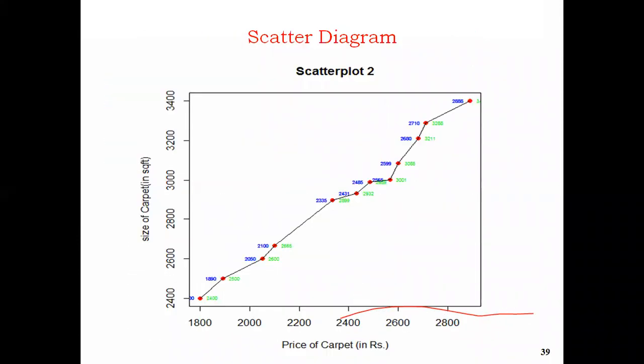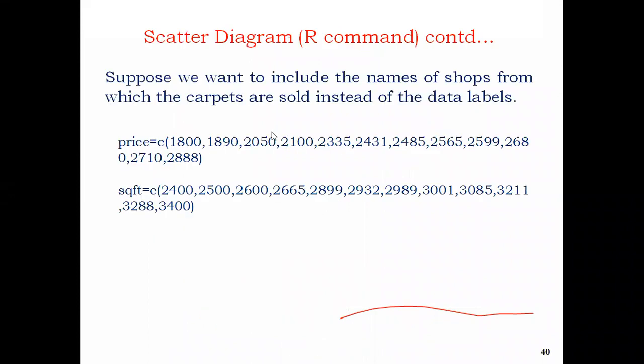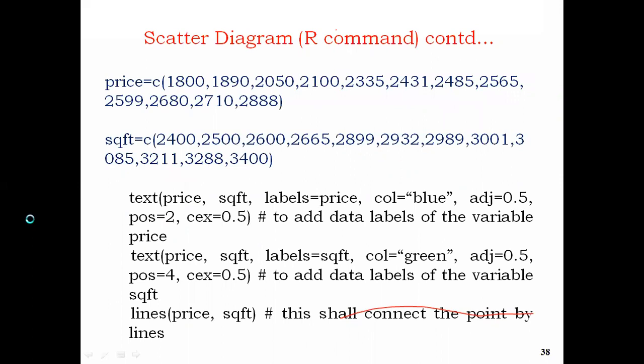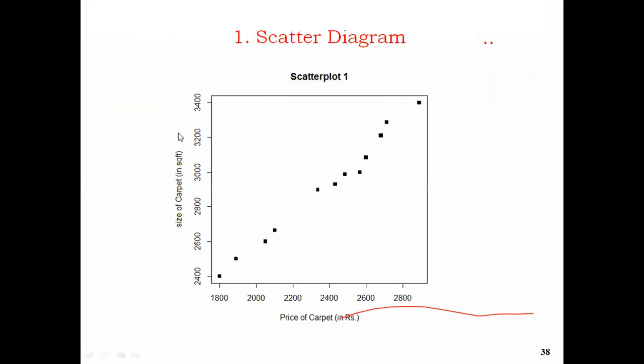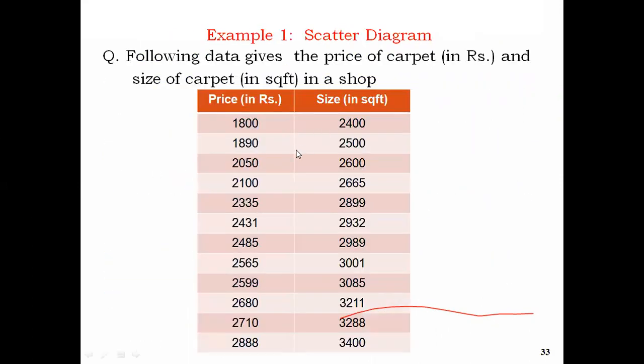Okay, then next you see, suppose we want to include the names of shops from which the carpets are sold instead of the data labels. Our question is, this data gives the price and size of carpet in a shop.